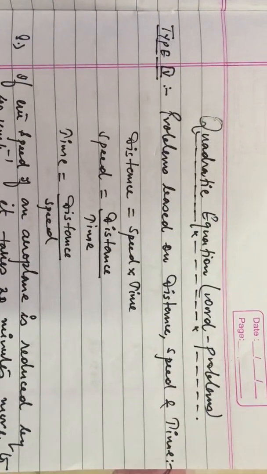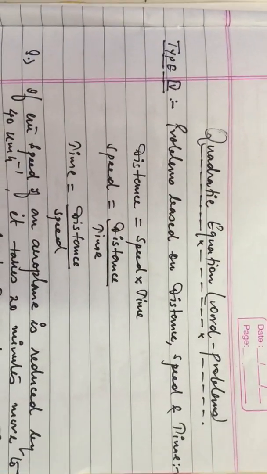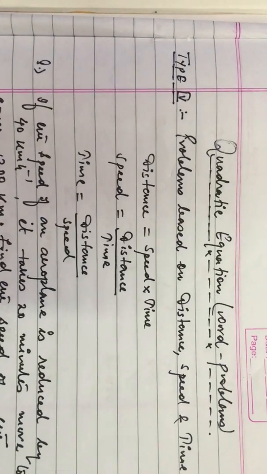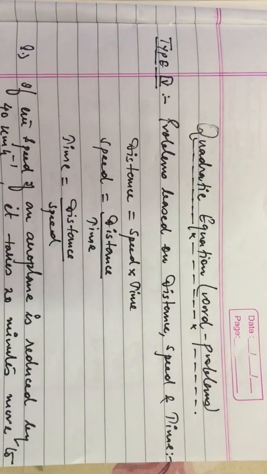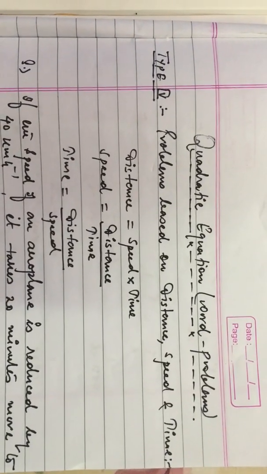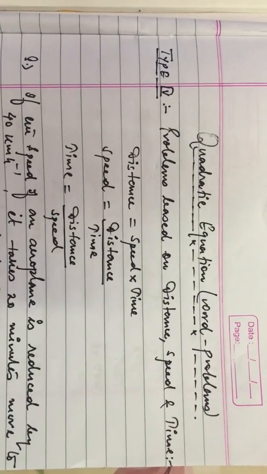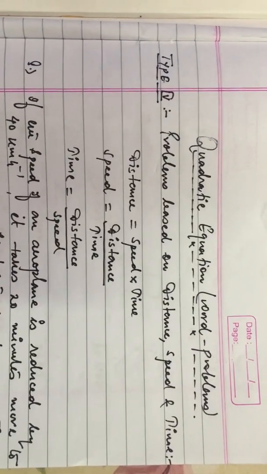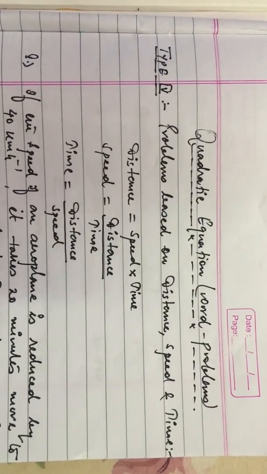In type 1, we had seen the problems based on numbers. In type 2, we had seen problems based on time and work. In type 3, problems based on geometrical figures. Now today we will see type 4, problems based on speed, distance and time.